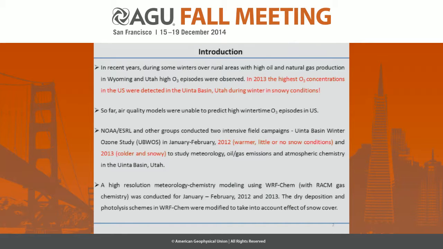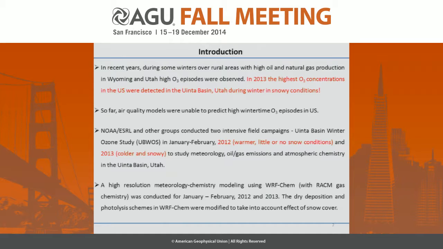And NOAA and other research organizations conducted intensive field campaigns in 2012 and 2013 over Uinta Basin, Utah, to study meteorology and chemistry. And today, in the previous session, Jessica Gilman also showed some data from those field campaigns.